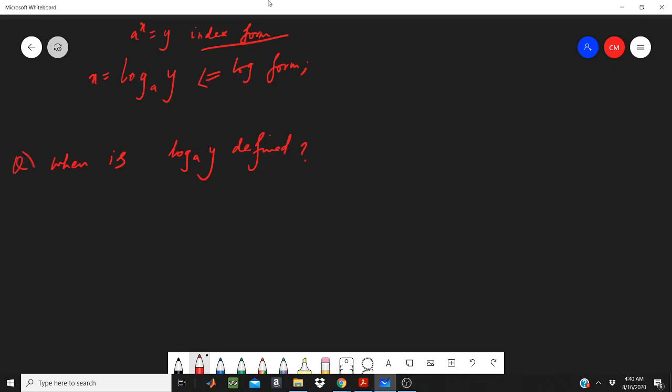That's the question here. We just saw that if a is positive, then a to the power x equals y is always greater than 0 for all x. Right? So y cannot be negative. That's one.